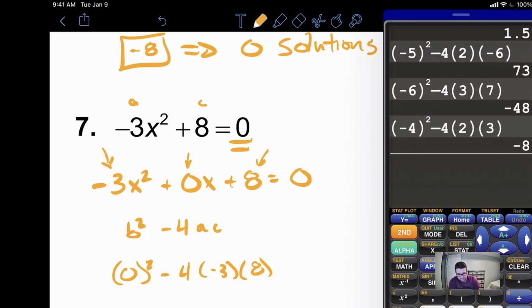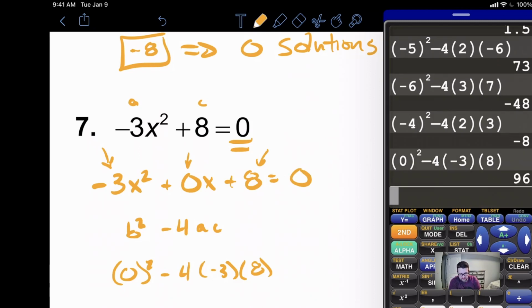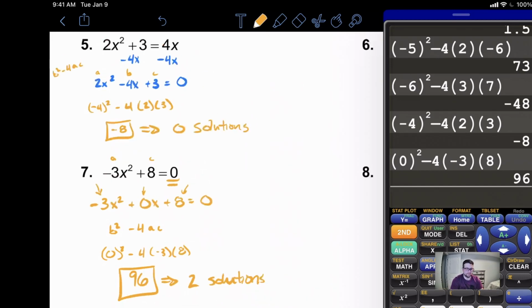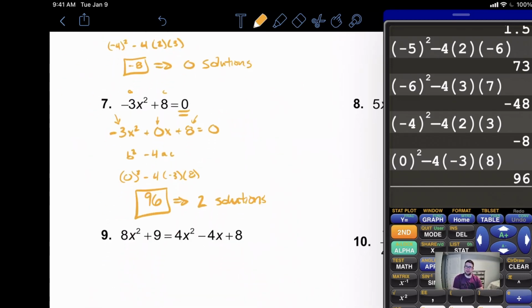So, 0 to the second power, using parentheses, just like we have it written, minus 4, parenthesis, negative 3, parenthesis, 8. And we get 96. Now, 96 is, again, positive, so that means we are going to get 2 solutions. Nice job.